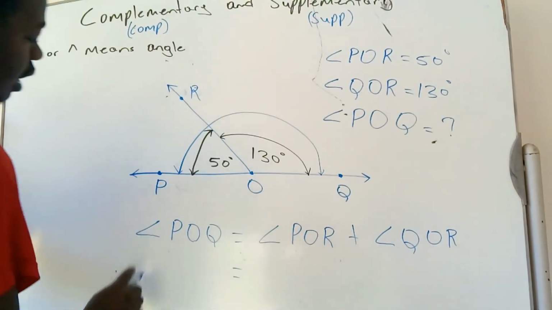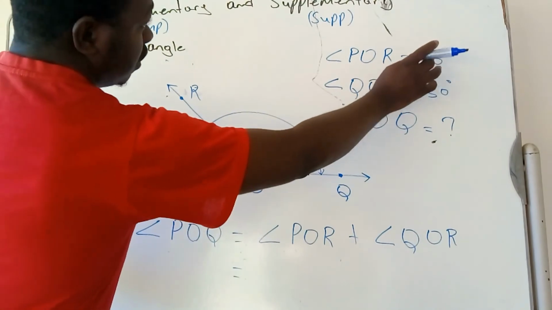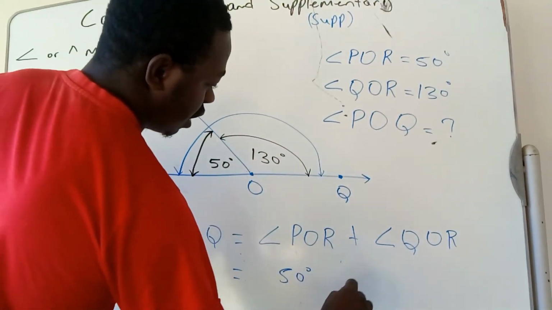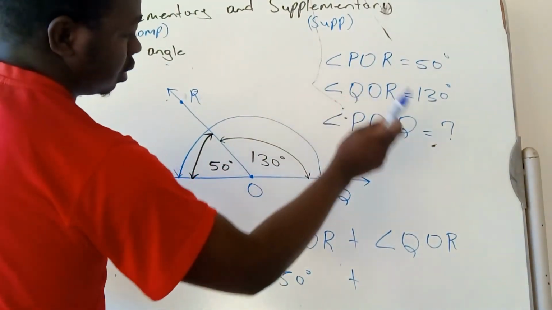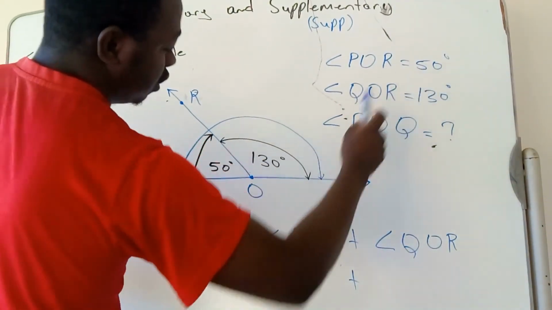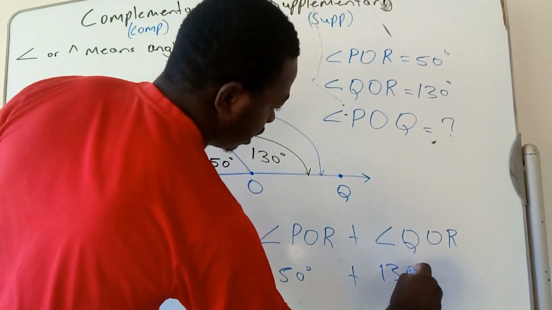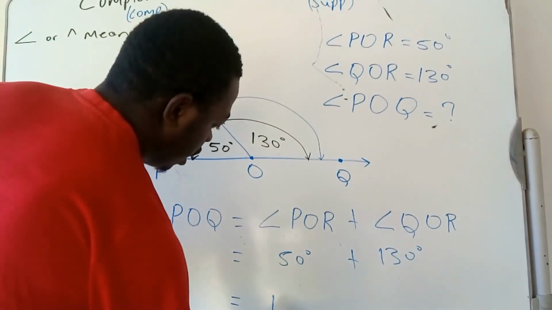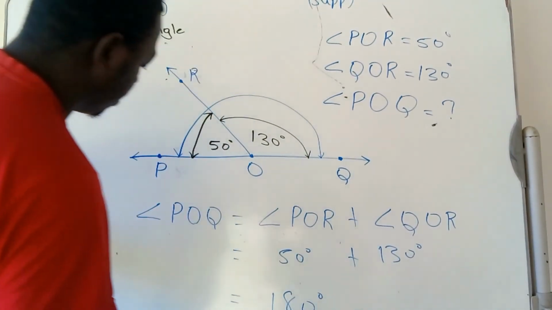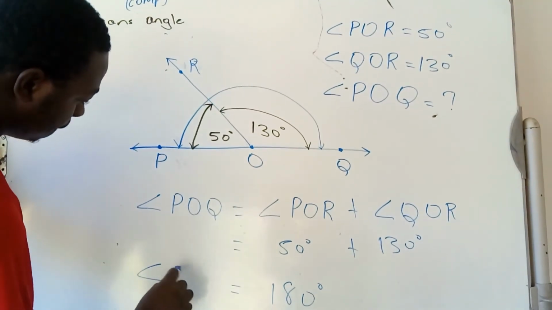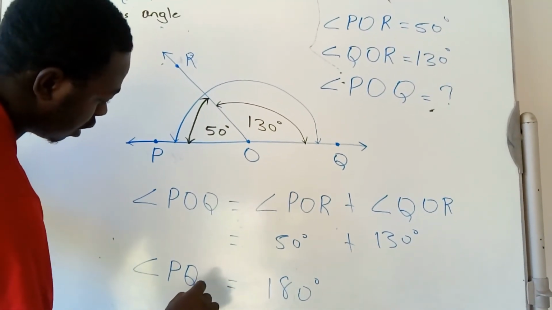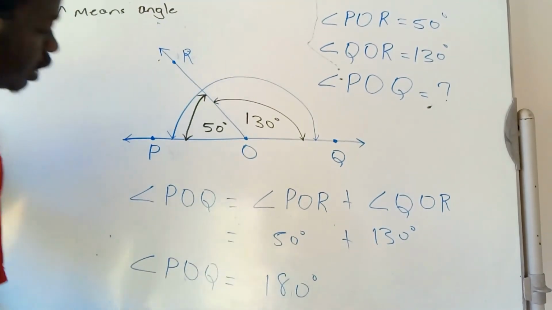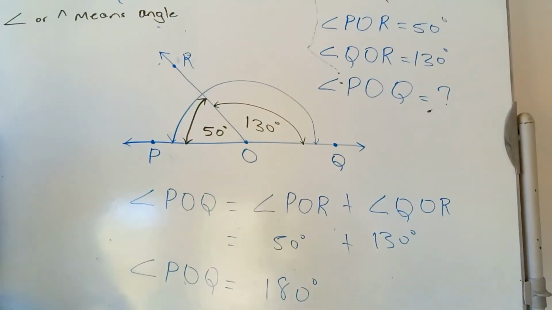Therefore, angle POQ is equal to 50 degrees, angle POR, plus angle QOR here, which is 130 degrees. And when we add these up, we get 180 degrees. So angle POQ is equal to 180 degrees.